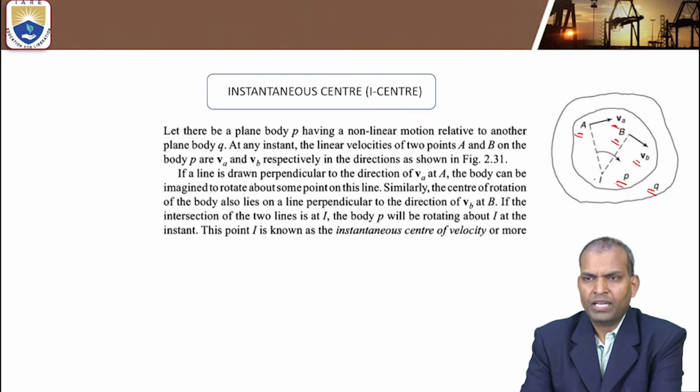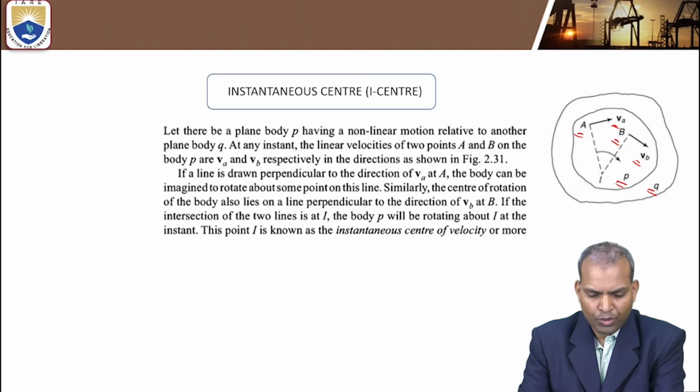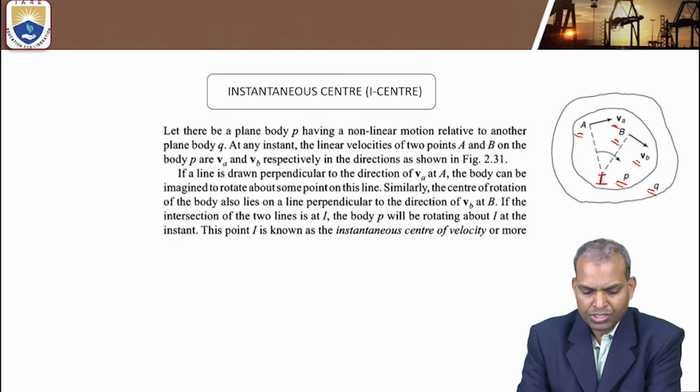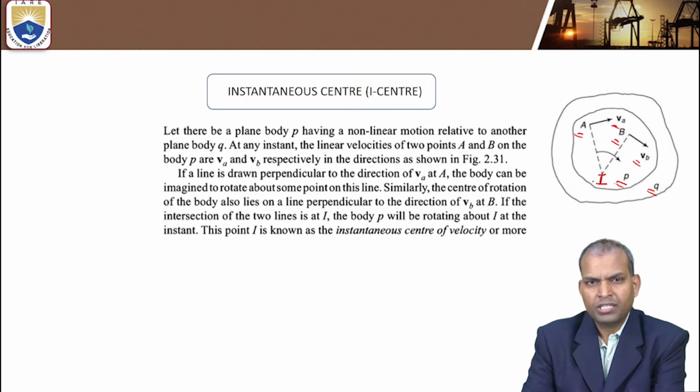So with the intersection of the two lines at I, the body P will be rotating about this point I at this instant. This point I is known as the instantaneous center, or instantaneous center of velocity, or simply the I-center.